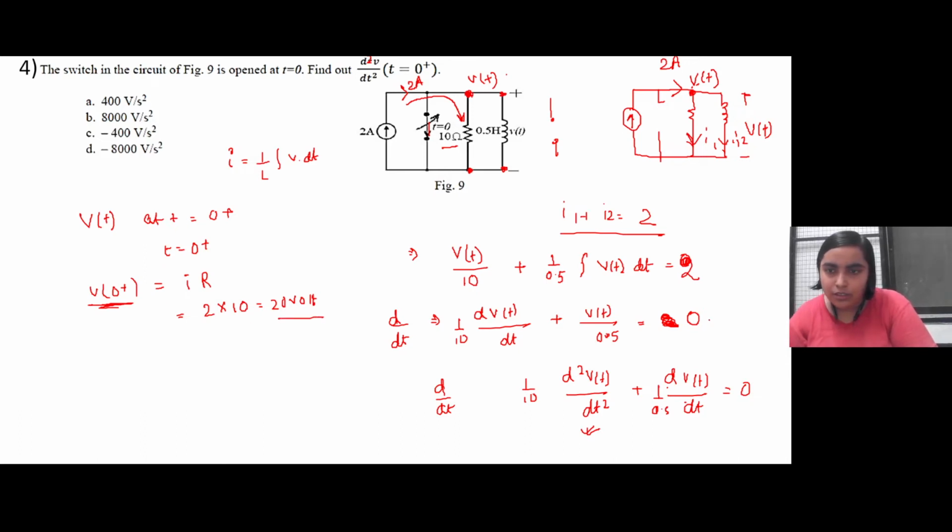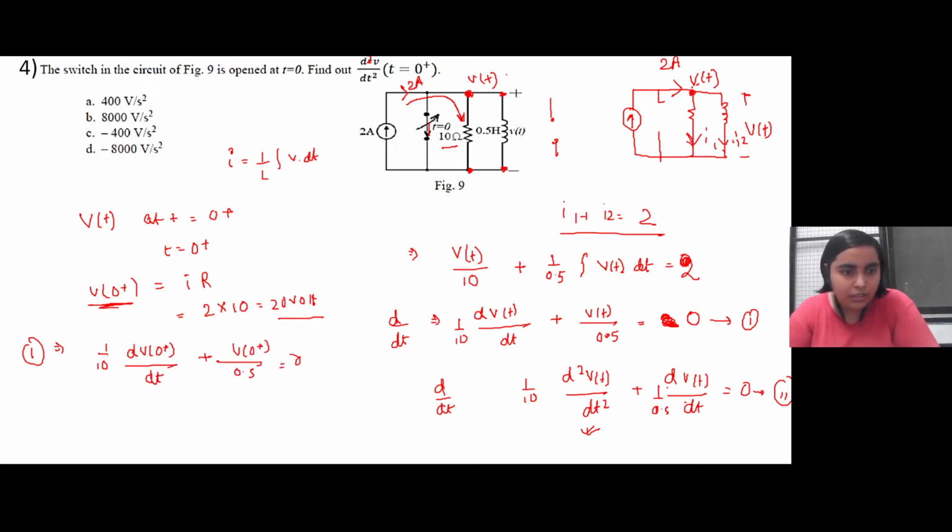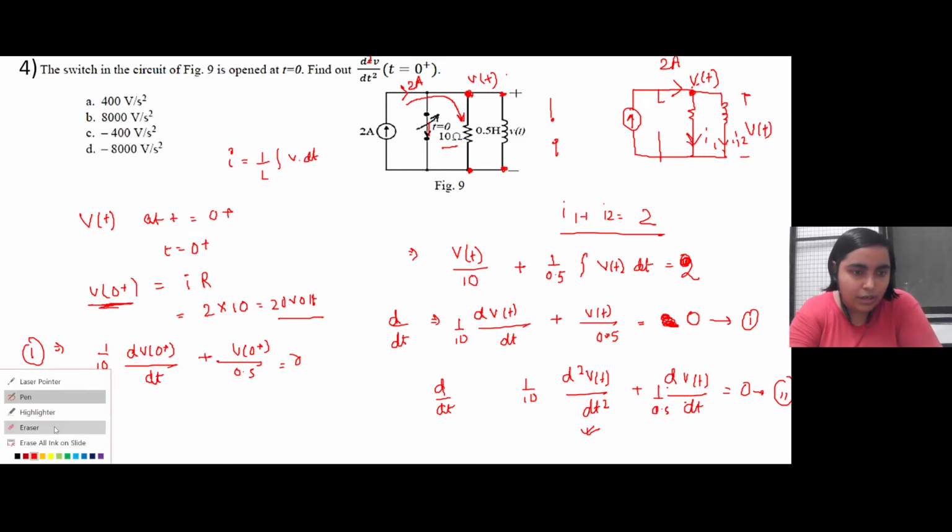So let us say this is equation 1, this is equation 2. So equation 1 can be written as 1 by 10 dV. We are writing it at time equal to 0 plus. So this will be V of 0 plus by 0.5 equal to 0. Now instead of V equal to 0 plus, we will put its value because we already have it.